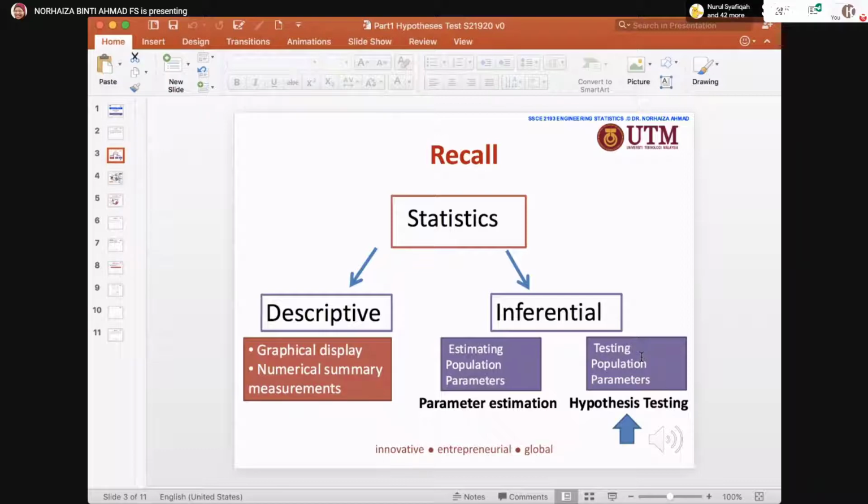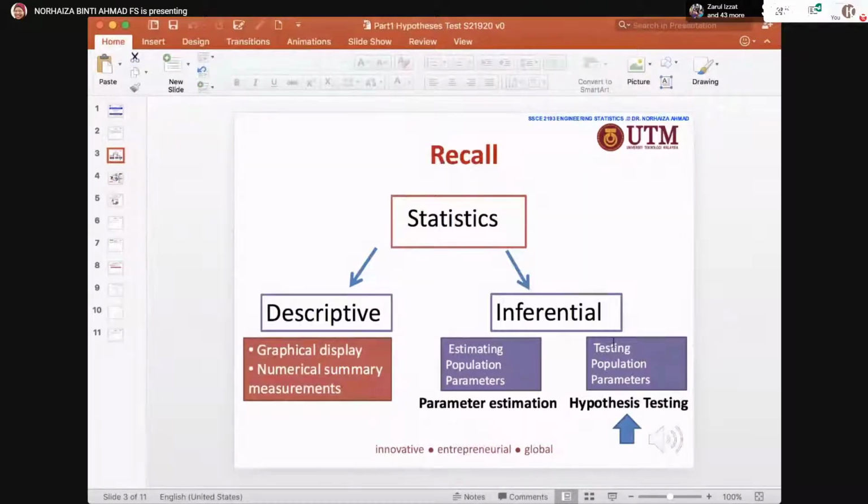In this case, we are going to test or judge on the evidence that we have against him. Then we deliberate, and we will have some sort of conclusion on whether he is innocent or he is guilty.